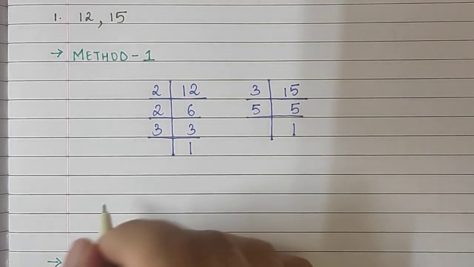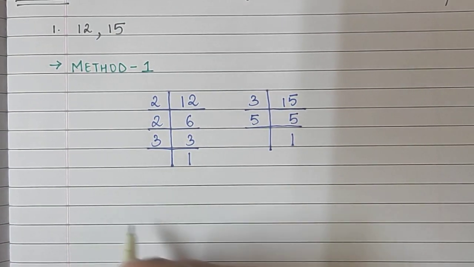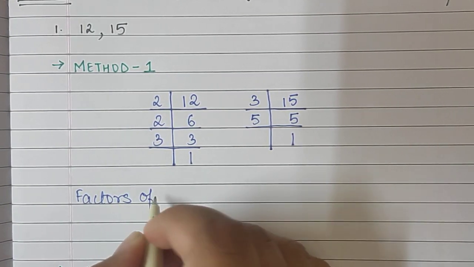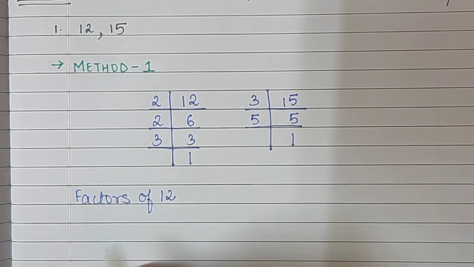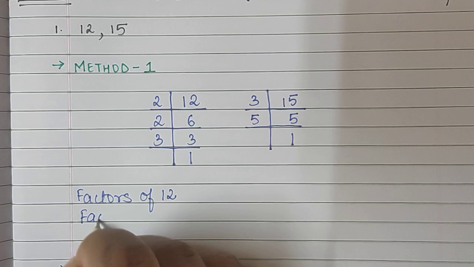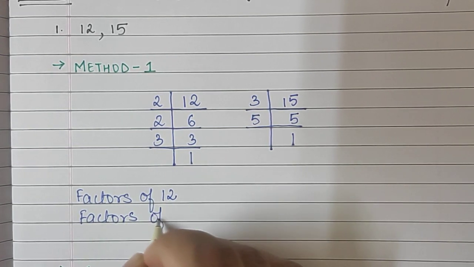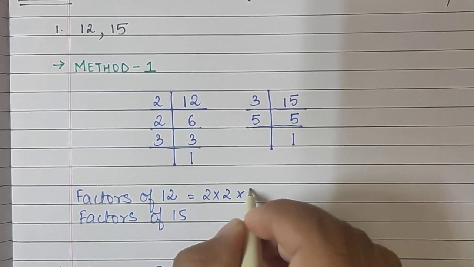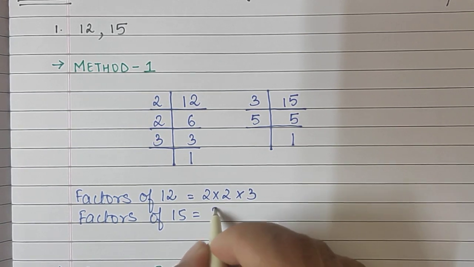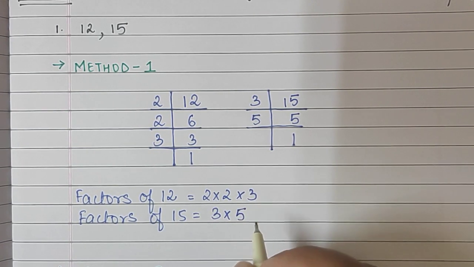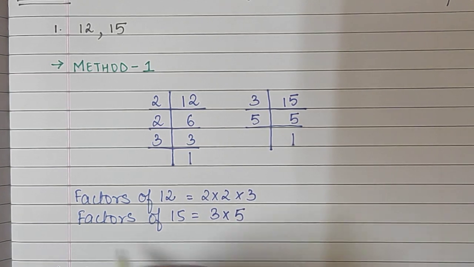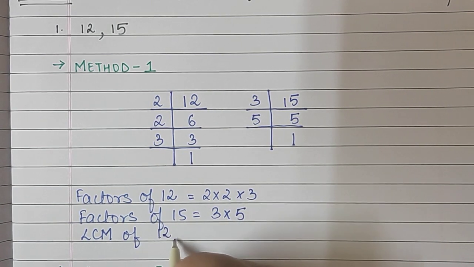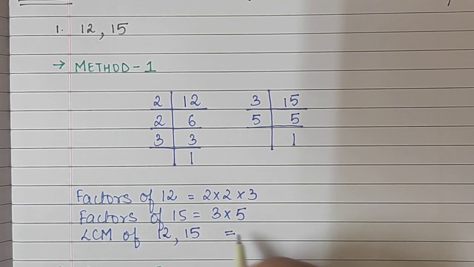We will write factors of 12 and factors of 15. Factors of 12 is 2 multiplied by 2 multiplied by 3, and this is 3 multiplied by 5. Okay, now we are supposed to write the LCM of 12 and 15, which is equal to.